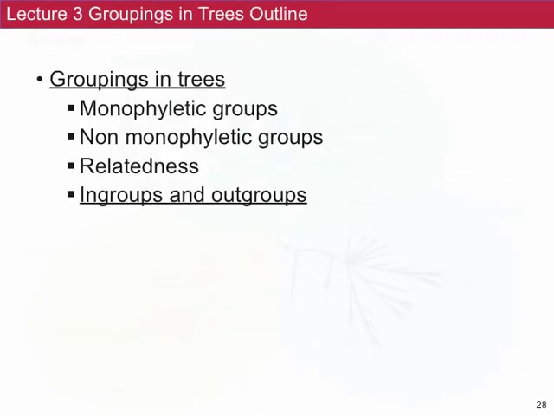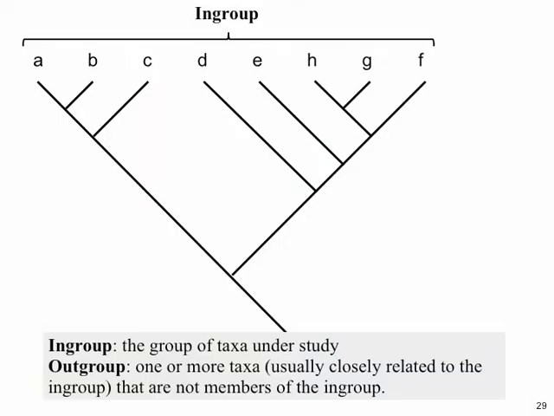So then yet another set of terminology that you will see and that we will use a lot is this issue of in-groups versus out-groups. For most purposes in this class, there is a pretty simple way to look at this: in-groups are the group of organisms whose evolution we are studying, a set of taxa that we are interested in.